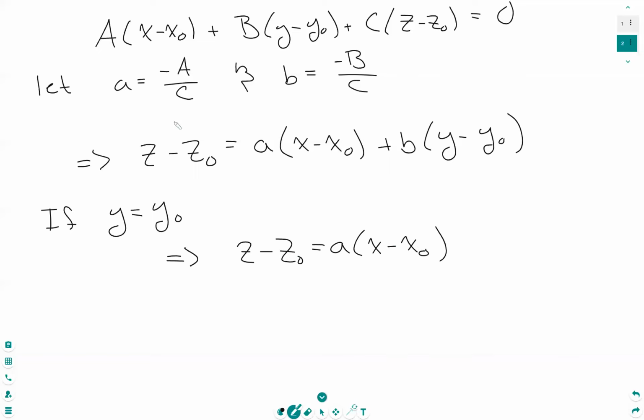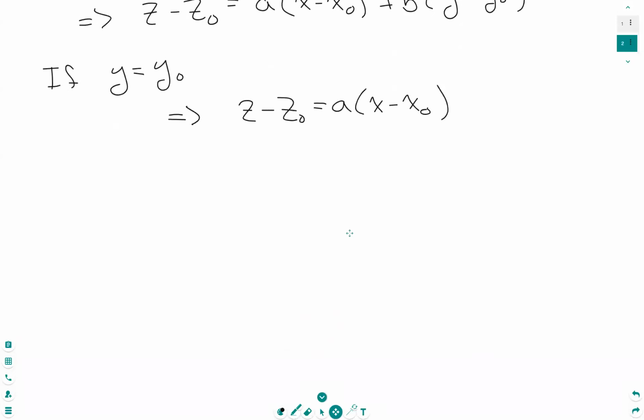So this is what the tangent plane looks like along the trace y is equal to y naught, right? But then we know that that should be the tangent line of the function at the point x naught, y naught along that trace.